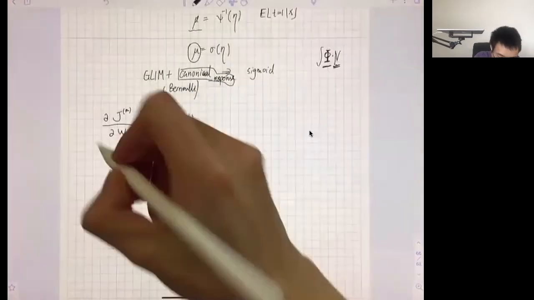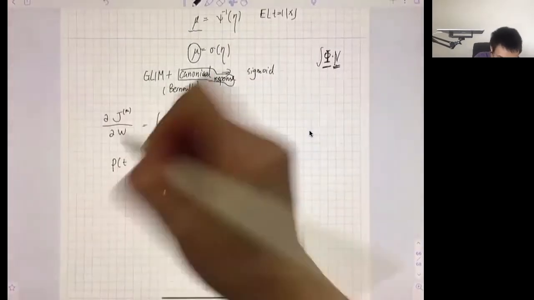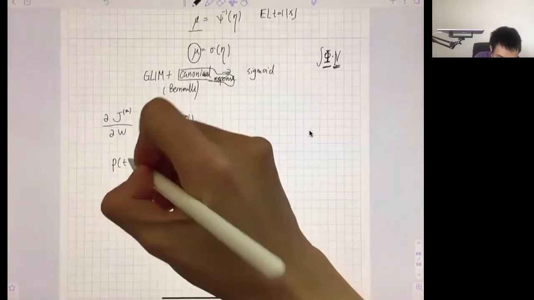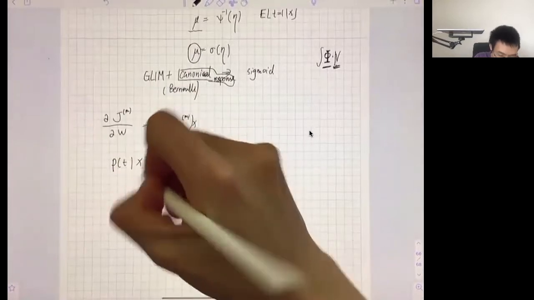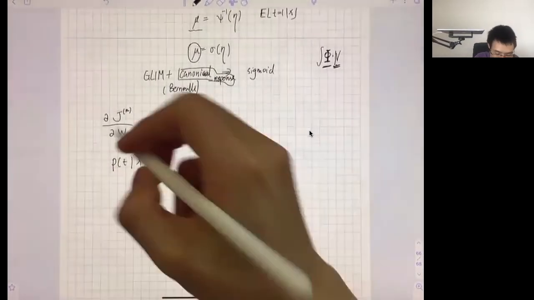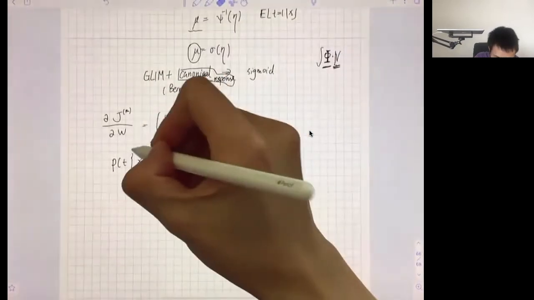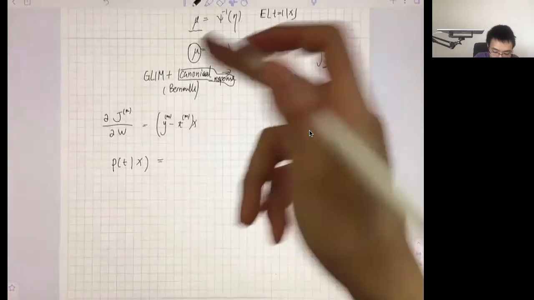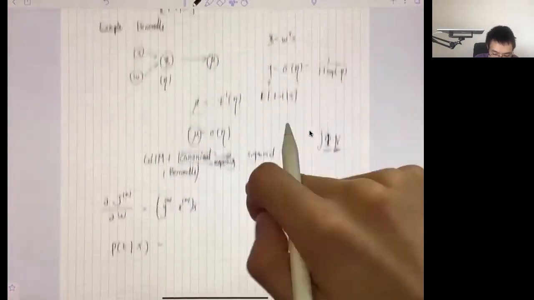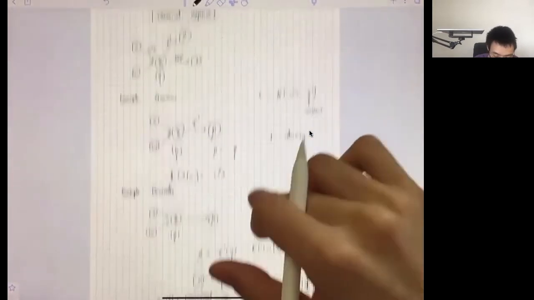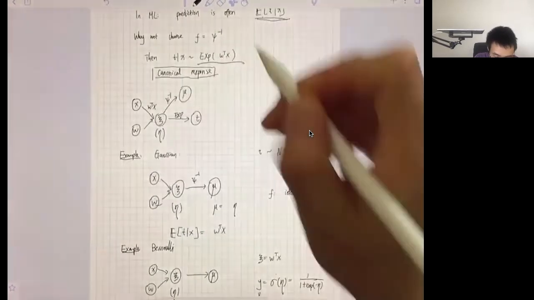So I will say the probability of my target for a particular data sample, where I omit the superscript m, for a particular data sample x, okay? I assume it's an exponential family, right? You see it's my assumption, it's the exponential family here.